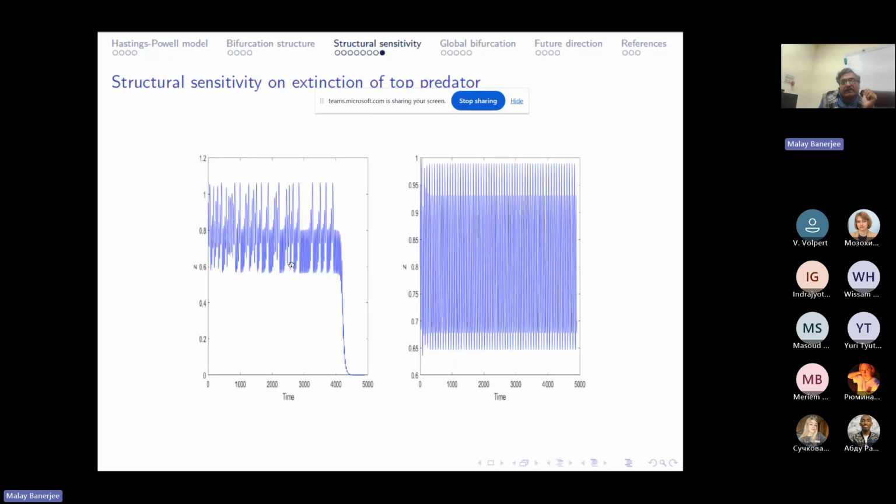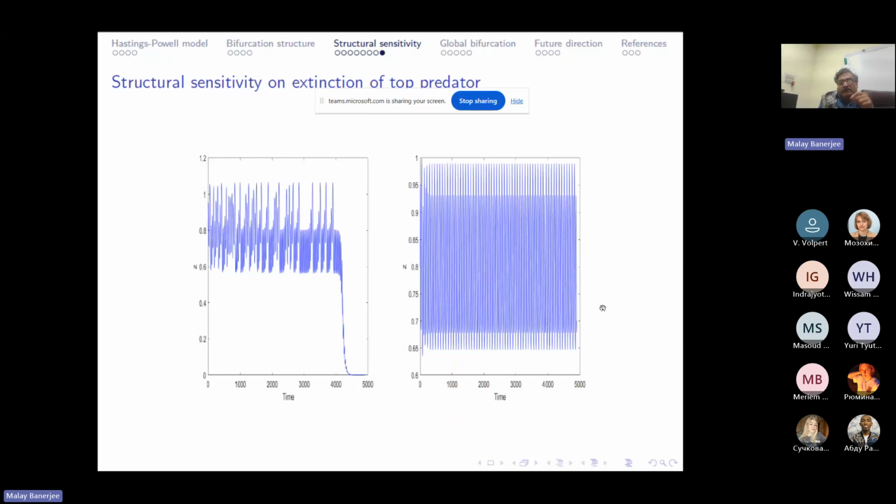So this is the plot of Z component against T for Holling type 2, and the right one is the plot of Z component against T for the IVLF functional response.